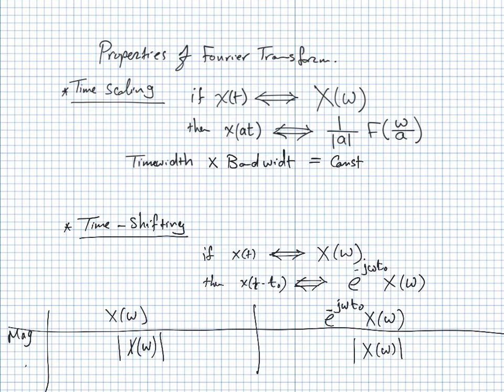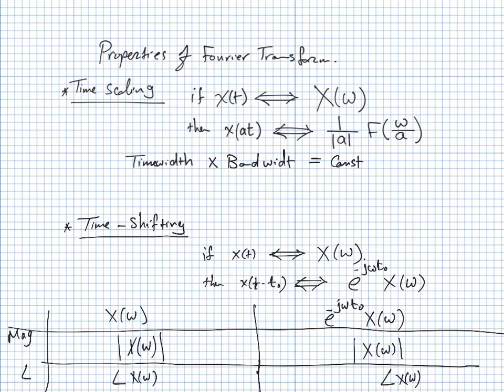What about the phase? The phase of this and the phase of that. For this one, we call it the phase of X of omega. What about the other one? What's the phase for the other one? It's again the phase of X of omega, but what happens to it?